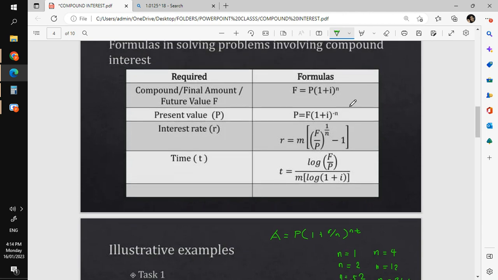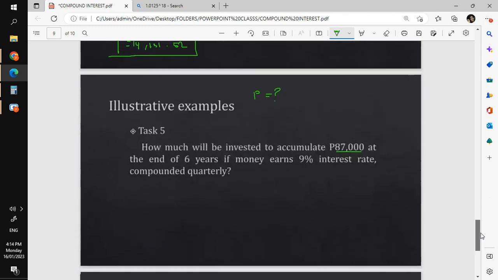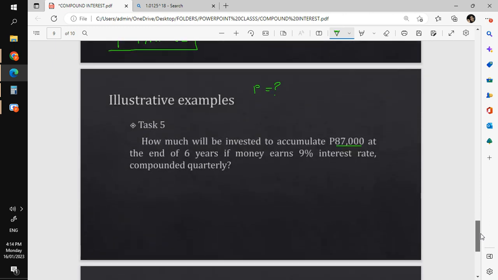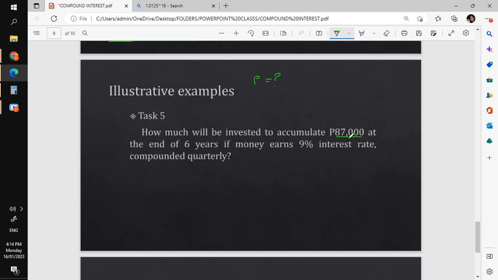The principal amount, that's P. How much will be invested to accumulate 87,000 pesos at the end of 6 years?